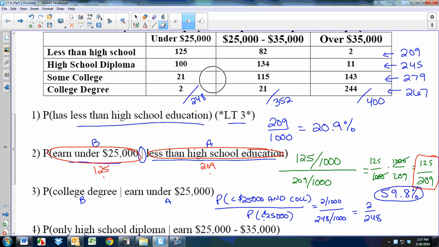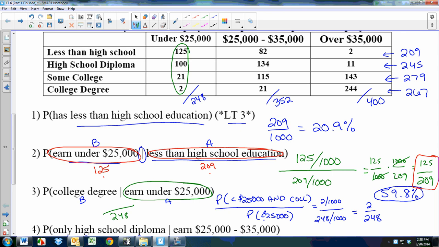Think about it as given that the person earns less than 25,000. If it's a given that the person you're choosing earns under 25,000, it's a given your person is coming from one of those 4 places. So there's only 248 people to pick from.